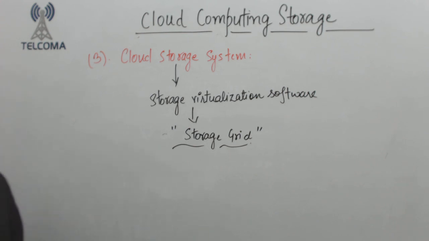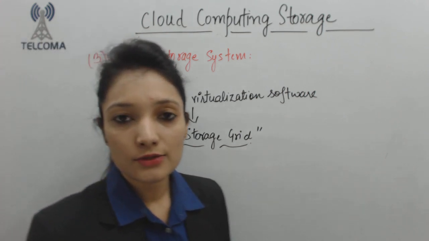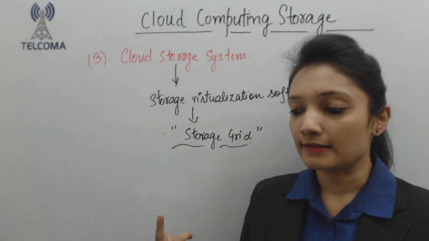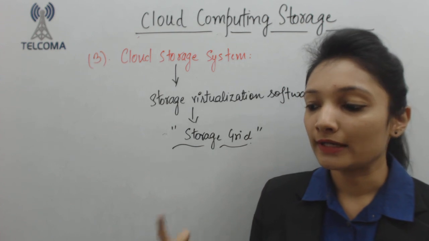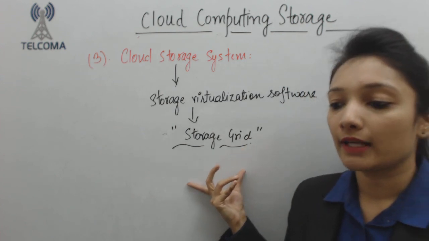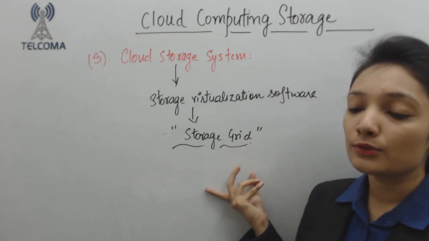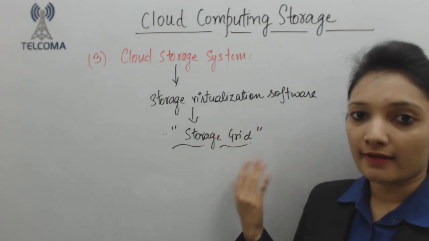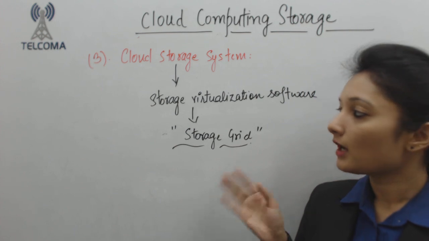So what would it do? Such software will create a virtualization layer that fetches storage from different storage devices into a single management system. So this will create a virtualization layer that will be used to fetch the storage from different storage devices into one management system.